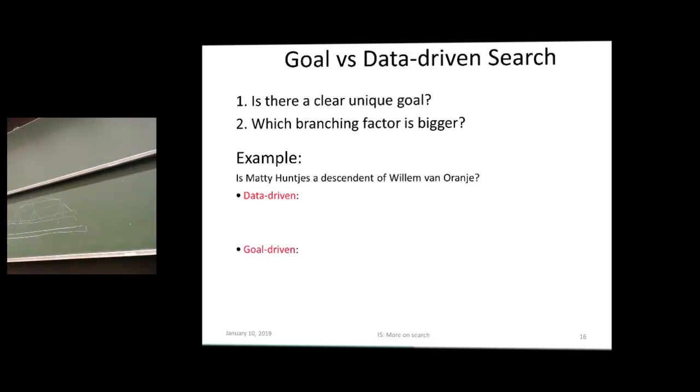No. So the answer was that we know for certain that someone has only two parents. So if we look for the parents and the grandparents and the ancestors, then we know that the branching factor is 2. And if we go the other way around and look for all the children, then the branching factor might be 20, which I think is a bit too big on average.